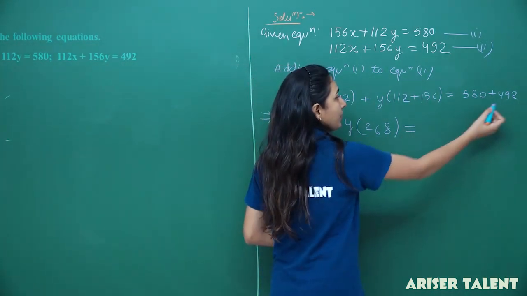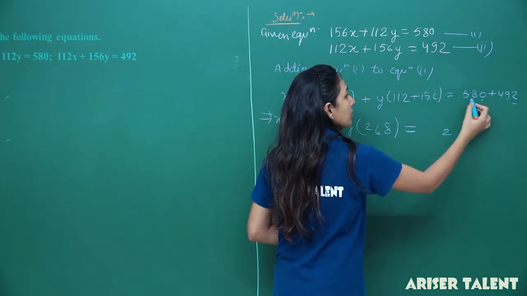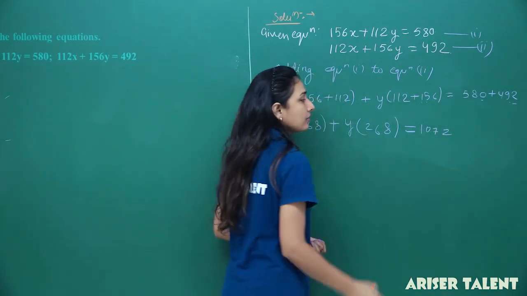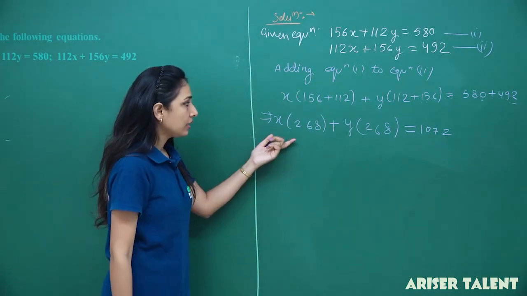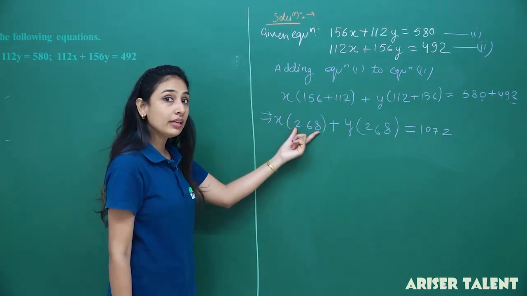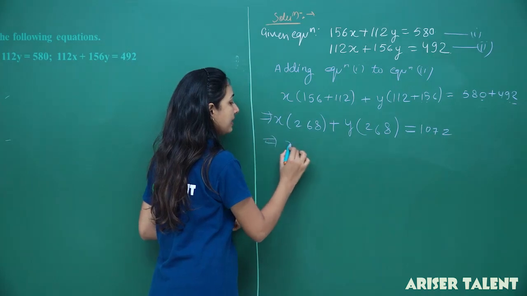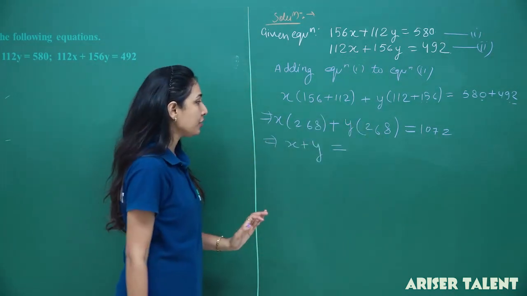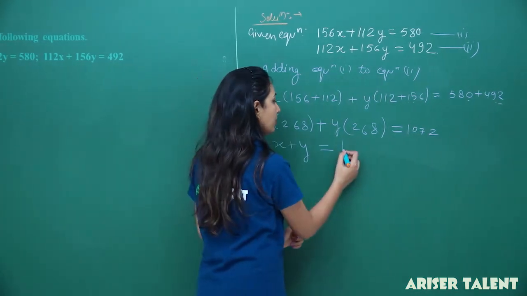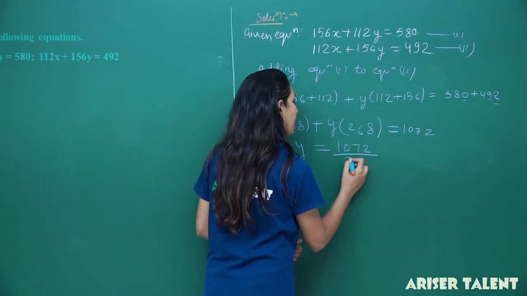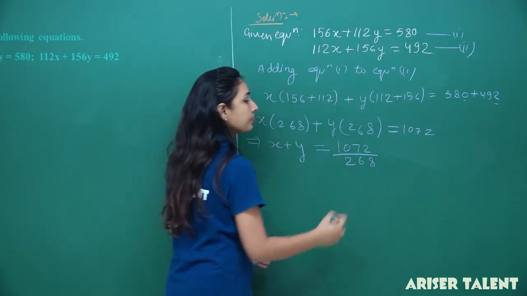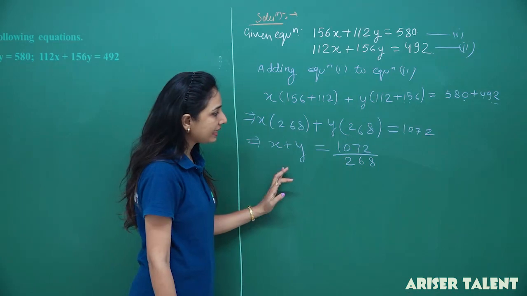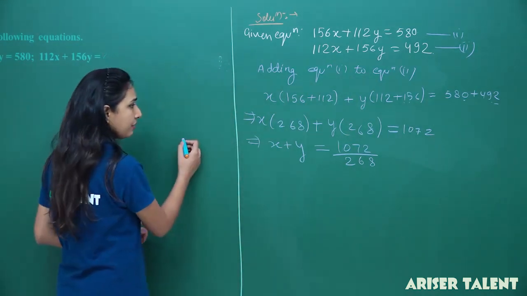Now the right side will become 1072. So this is common here. So this implies that x plus y will be equal to 1072 by 268. Right. Now can we cancel it completely? Like by 5?